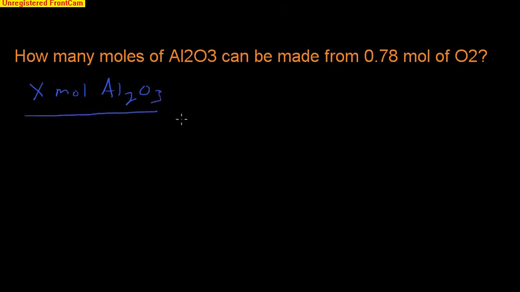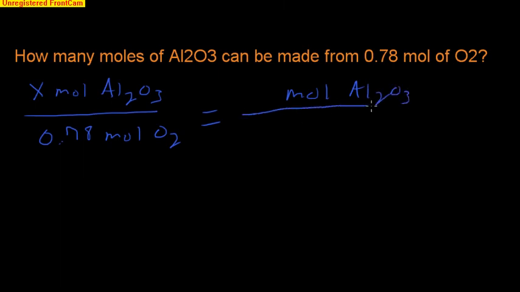And we're going to put that over the other thing that they have in the problem, which is the 0.78 moles of O2. Now the right-hand side comes from our balanced equation, but I'm going to keep my units consistent. So I've got moles of Al2O3 on top, and then moles of O2 on the bottom.